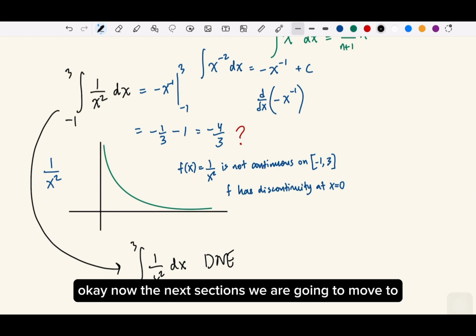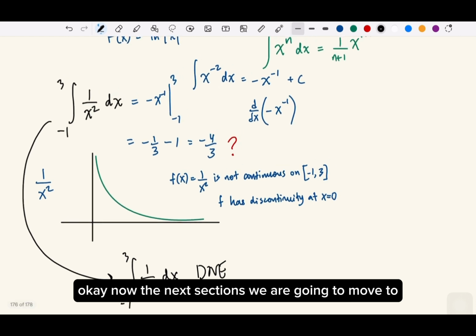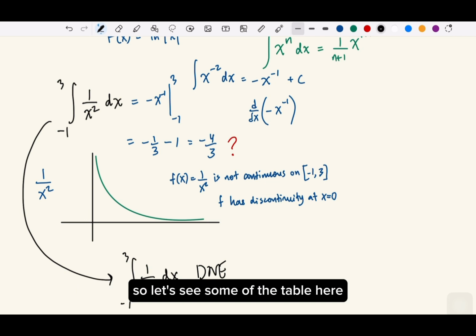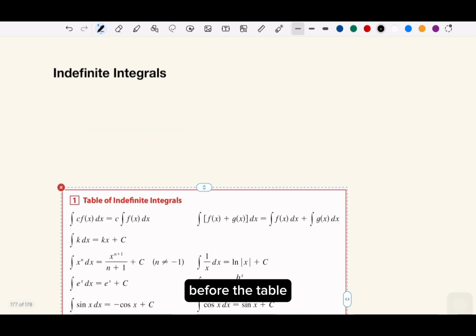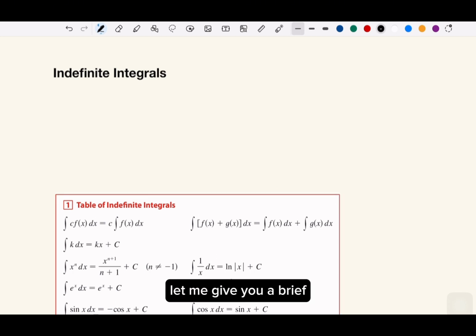Okay, now the next sections we are going to move to the indefinite integrals and some techniques. So let's see some of the table here. But before the table, let me give you a brief.